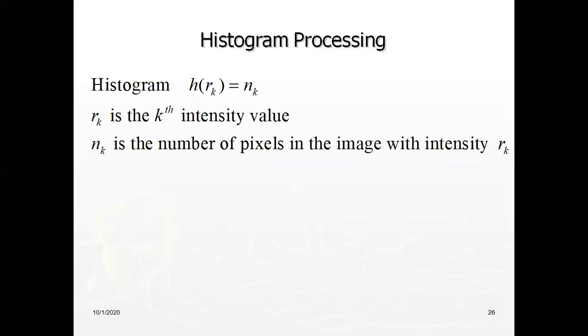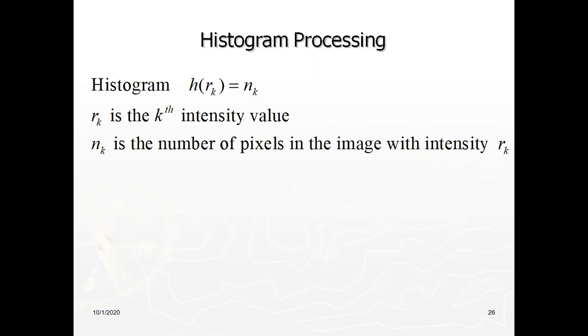First of all, a histogram is nothing but h of rk equal to nk, where rk is the kth intensity value and nk is the number of pixels in an image. If you have an image, then within that image, how many pixels have a particular intensity value? The intensity value might be 0, 1, 2, 3, till 255 if it's an 8-bit intensity.